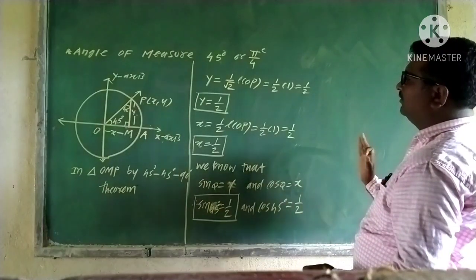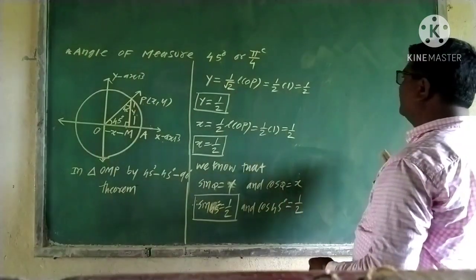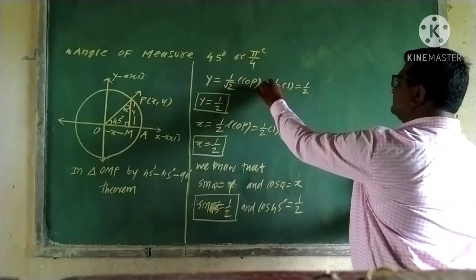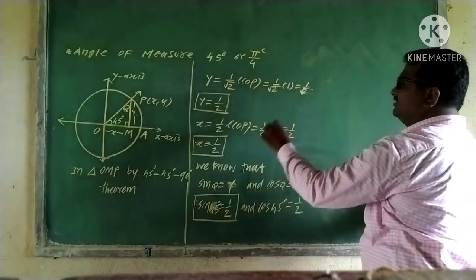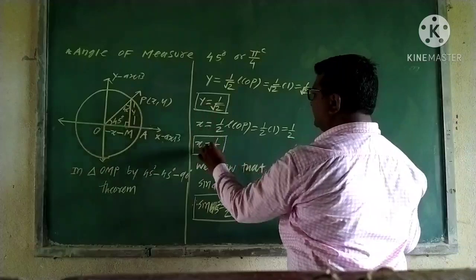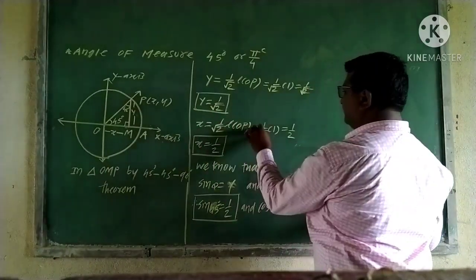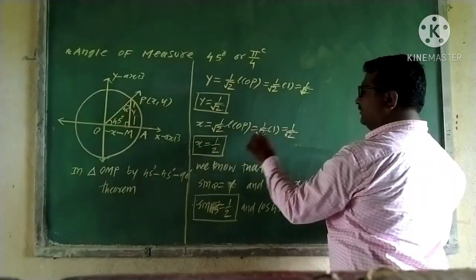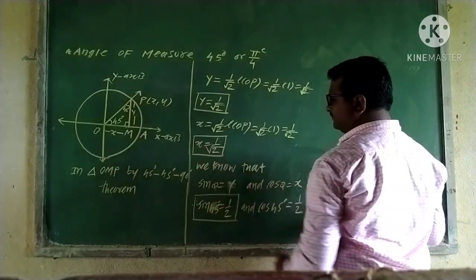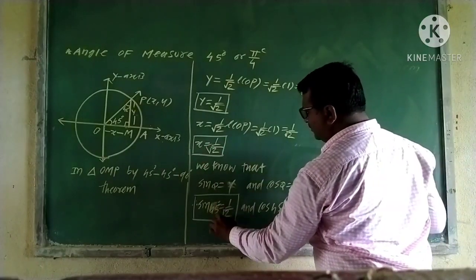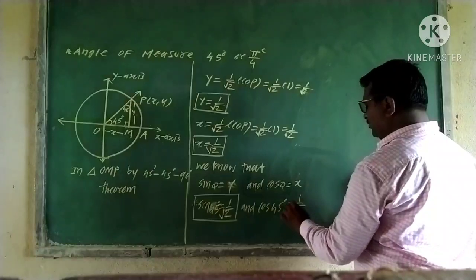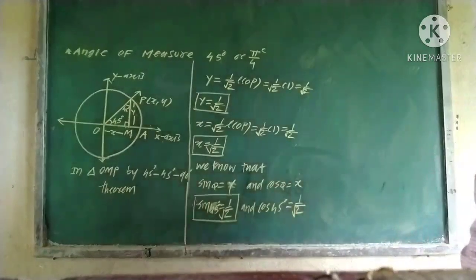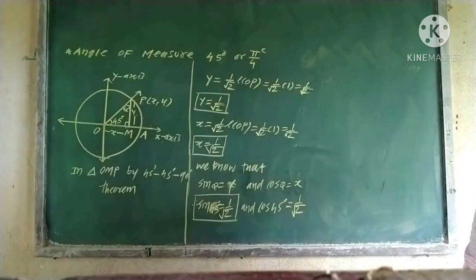Here sin 45 is 1 upon square root 2, and cos 45 is also 1 upon square root 2.